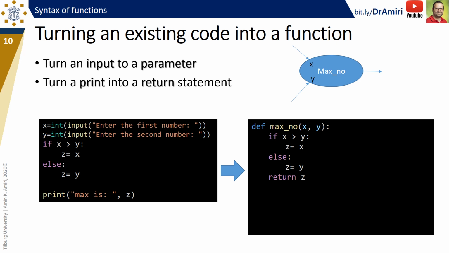As you can see here, we have x and y, where we get two integer inputs. We use x and y as the parameters of this function maxNO. We have print max is z, we need to print z, so we need to return z, which contains the greater number between x and y.